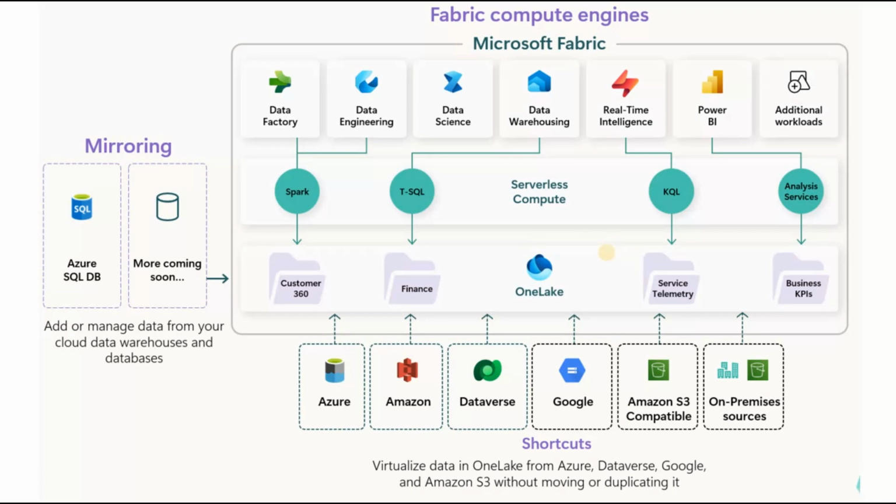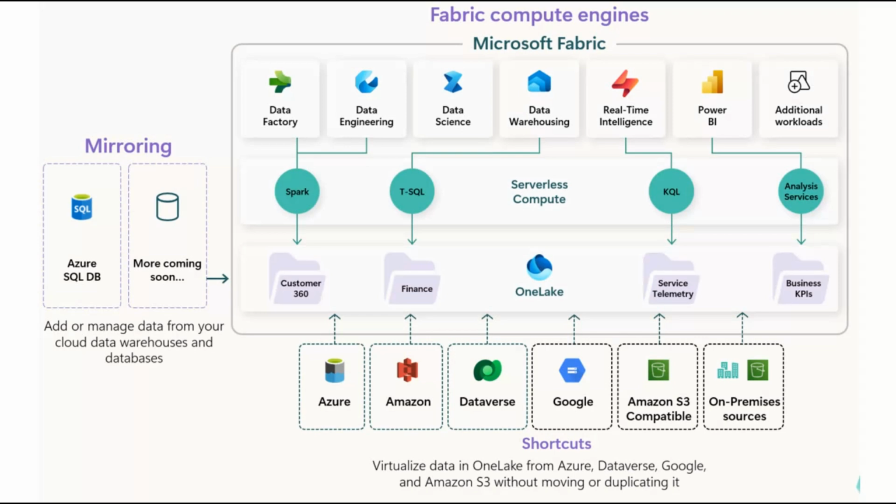Let's talk more about OneLake since it's very important. OneLake is the centralized data lake for Microsoft Fabric. It's built on Azure Data Lake Storage technology under the hood, but what matters is how you use it. OneLake eliminates the need to move or duplicate data across different services.